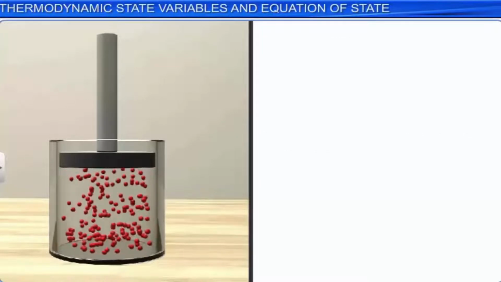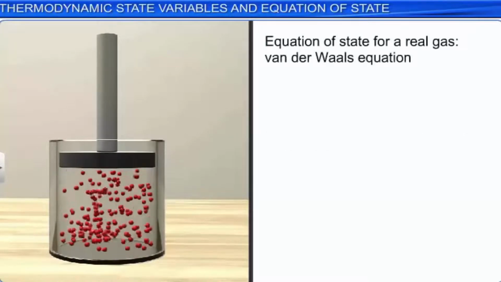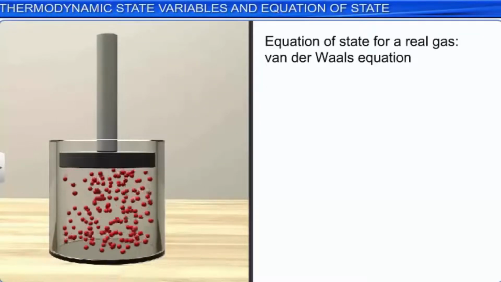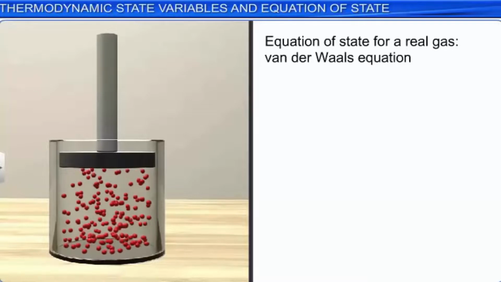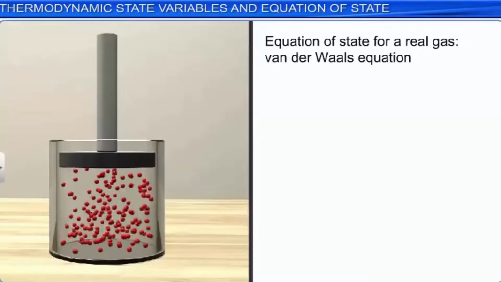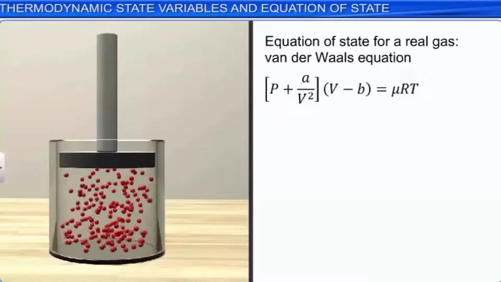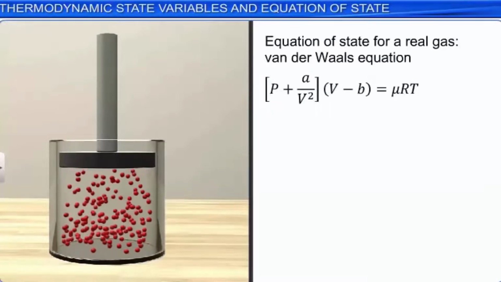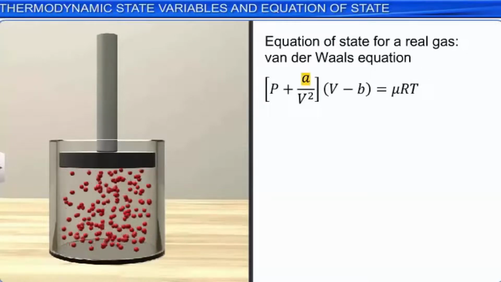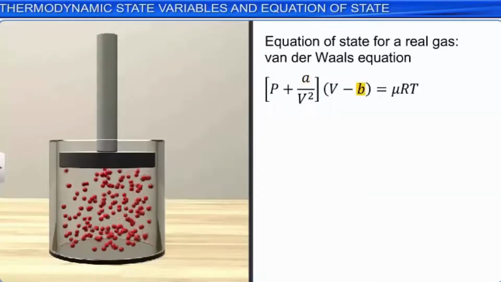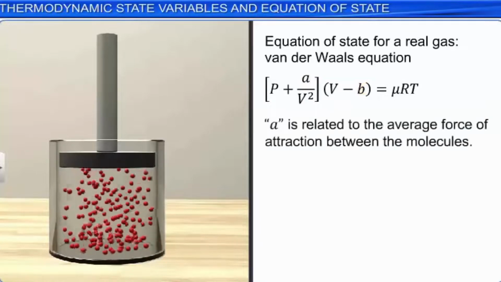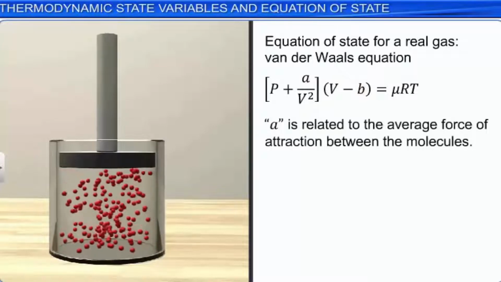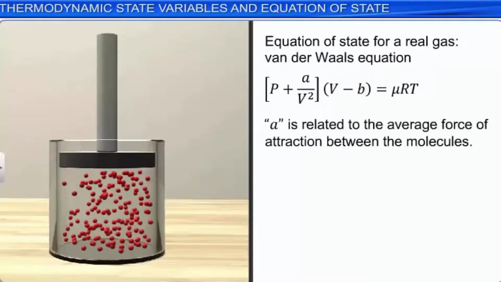By taking the above two facts into consideration, van der Waals has derived an equation of state for a real gas, which is (P + a/V²)(V − b) = μRT, where a and b are constants. The constant a is related to the average force of attraction between the molecules, and the constant b is related to the total volume of the molecules.